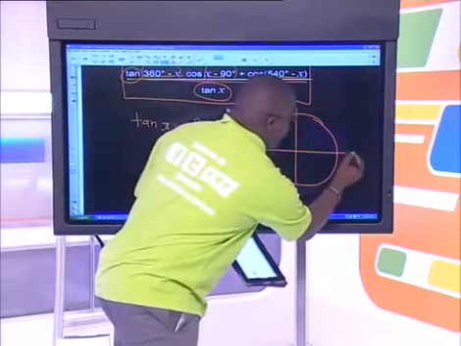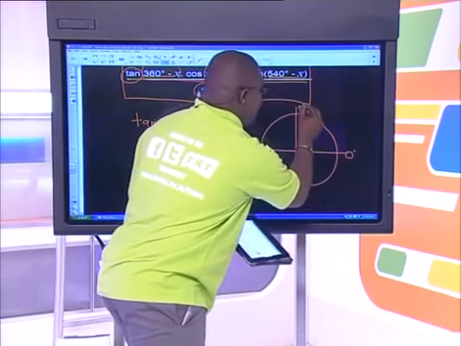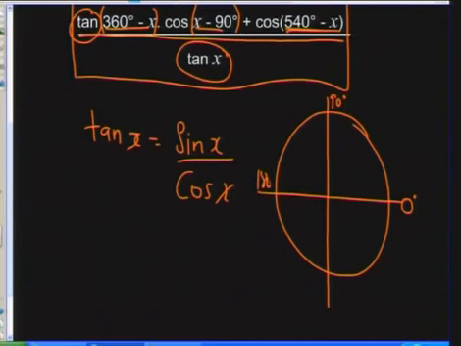So we start at 0 degrees, 90 degrees, 180 degrees, 270 degrees, 360 shares with 0 degrees. And we can continue, because I see that in our question we've got 540 degrees. So I'm just going to continue measuring that. So after 360, we're going to have 450 degrees here, and then 540 degrees there. I hope you understand what I mean there.